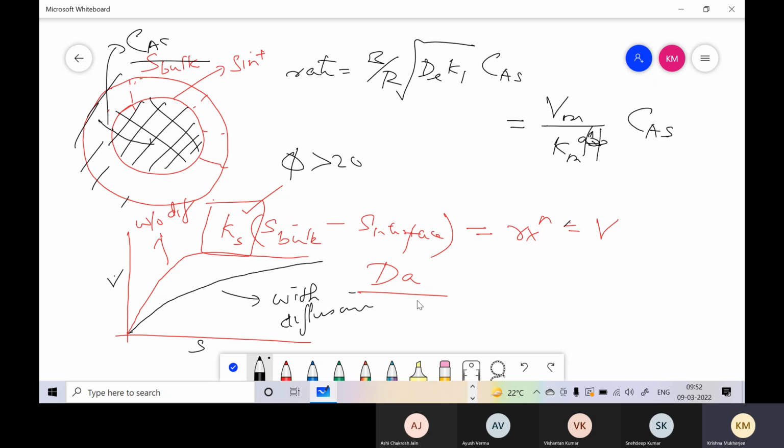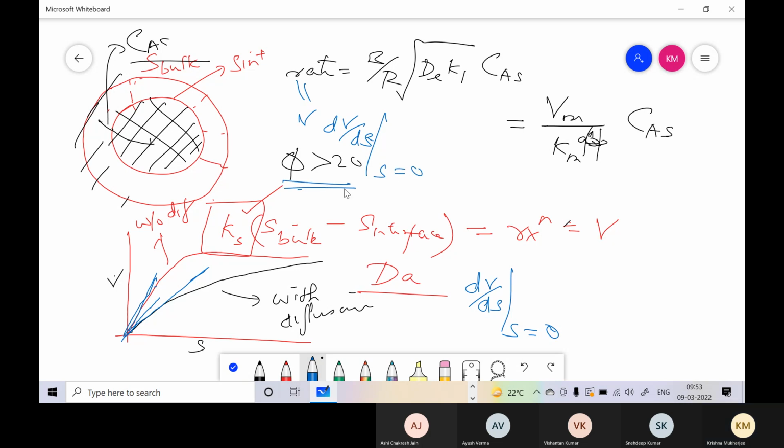I don't know whether I'm making sense or not. But you have to think, what do you get when I take derivatives here? This is the derivative of dV by dS at S equal to 0, and dV by dS at S equal to 0. Do you now realize what this is? Rate is V. What is dV by dS? And notice that dV by dS at S equal to 0 is precisely when phi is greater than 20.